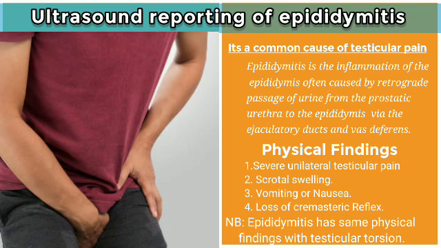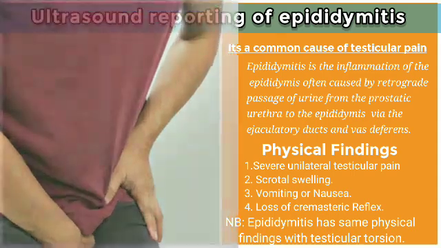So when twisted, the supply to the testicle will be compromised and the testicle might be lost if it takes time to diagnose it. So it is usually necessary to differentiate epididymitis from testicular torsion. However, color Doppler ultrasound is the gold standard in differentiating the two.